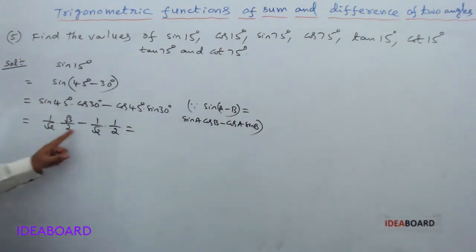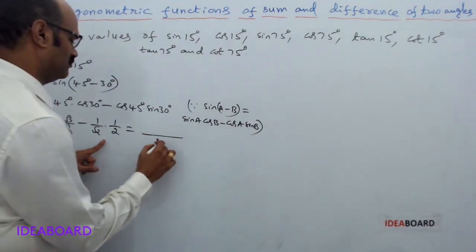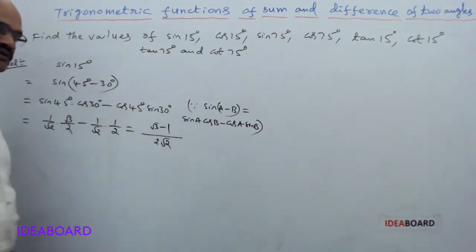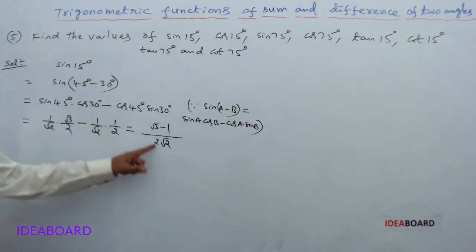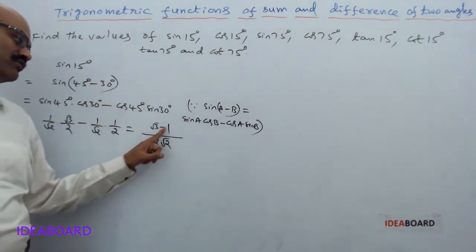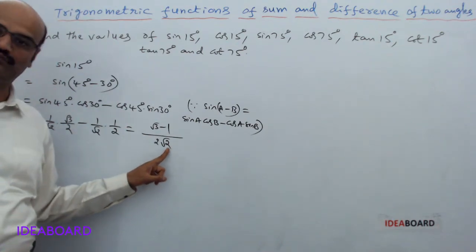Taking LCM, we have 2 root 2, equals root 3 minus 1 by 2 root 2. Therefore, the value of sin 15 degrees is root 3 minus 1 by 2 root 2.